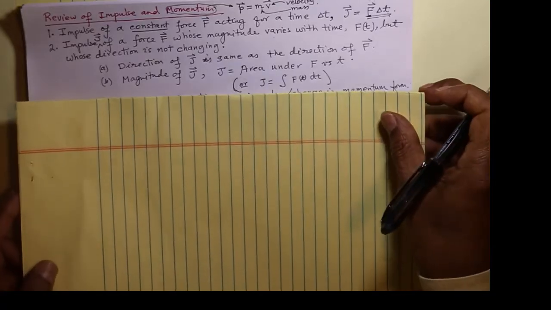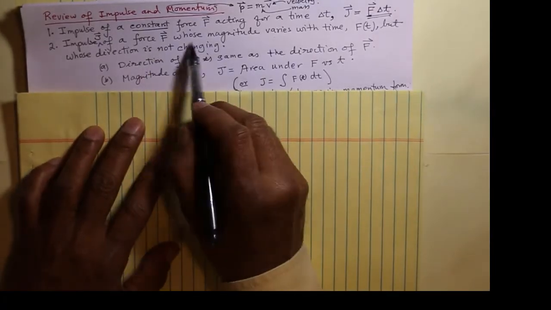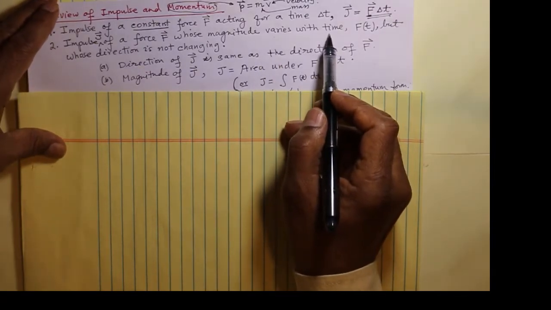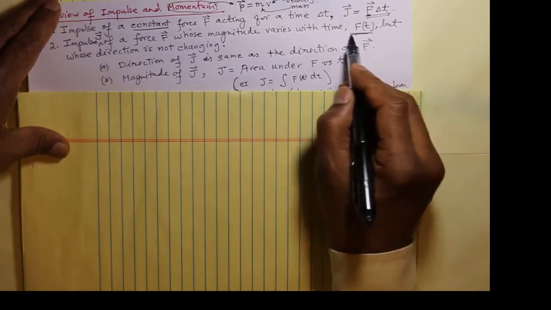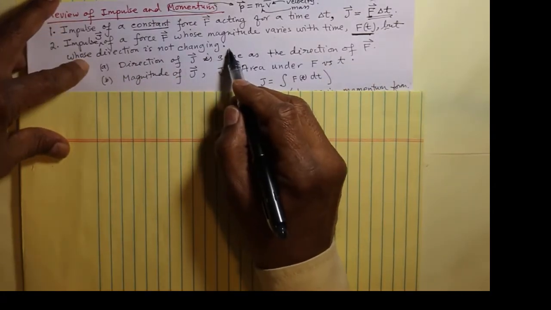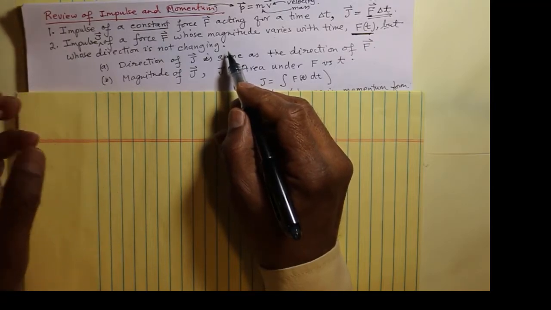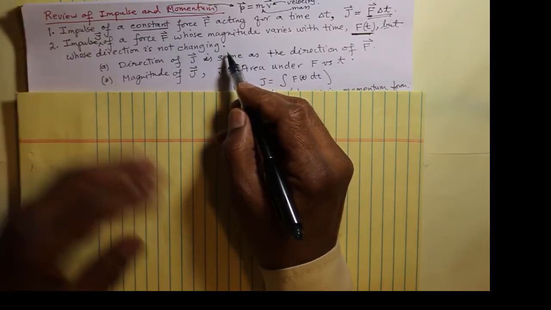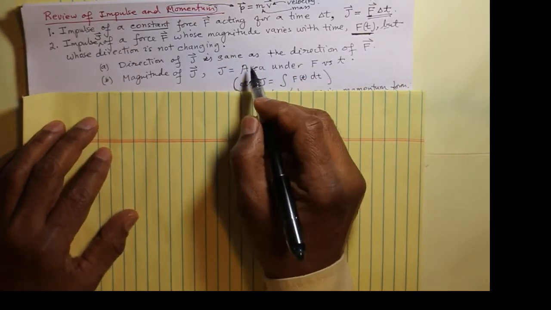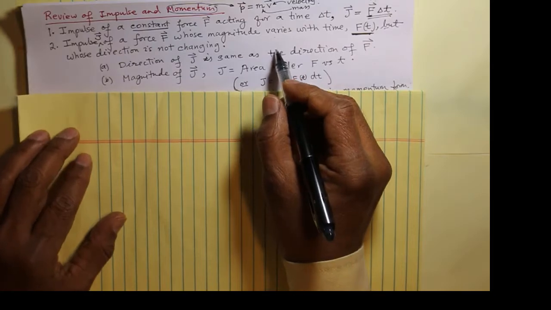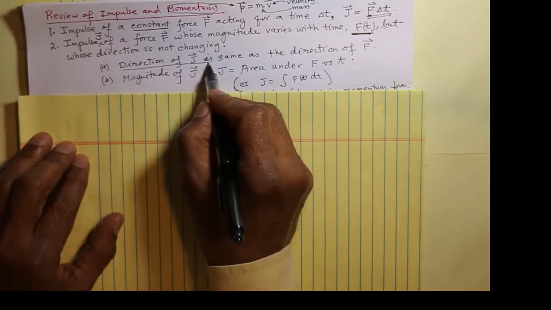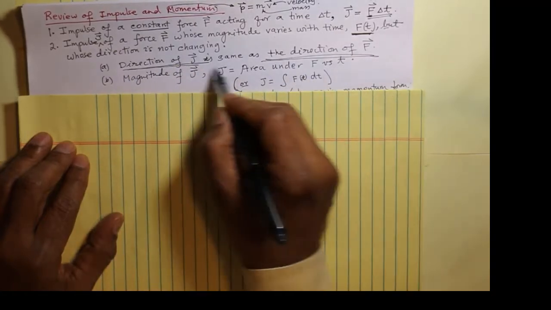If you have a force whose magnitude varies in time, and let's say it is a function that's given that way, but whose direction is not changing. An example is a baseball being hit by a bat, so the force from the bat will be like this. In that case, the direction of the impulse is the same as the direction of the force, because the direction is not changing.